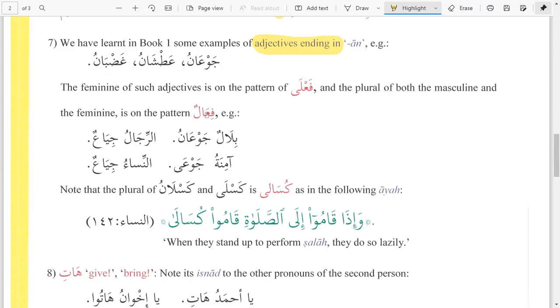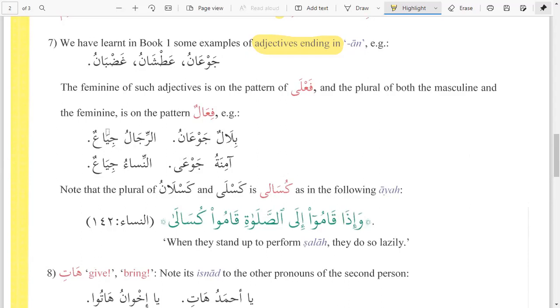The plural of jawanu is on the pattern of fi'alun. You see here more. Bilalun jawanu. Bilal is hungry.